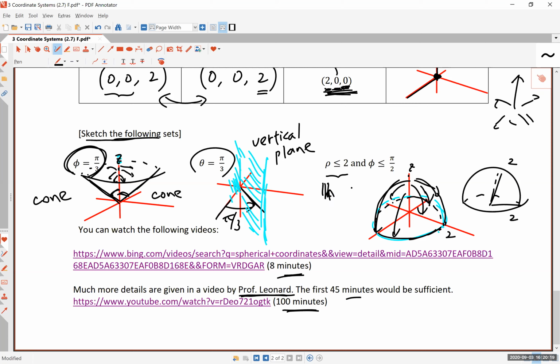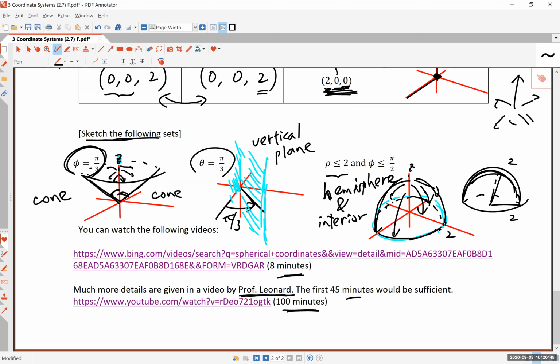Now, I don't want to call this the Northern Hemisphere because there's no north or south when you talk about mathematics. Those are geographical terms. So it's a top hemisphere, but when you talk about the hemisphere here, we're only talking about the points on the surface and its interior.